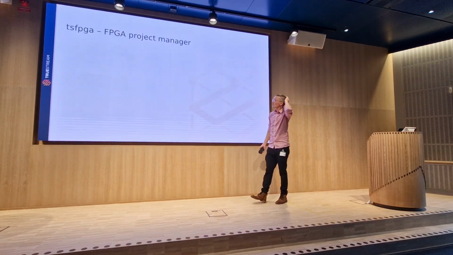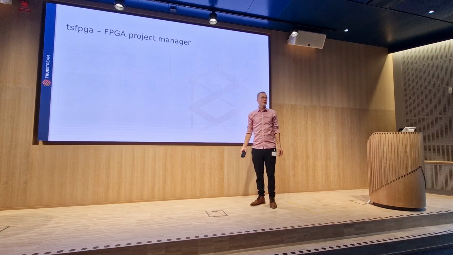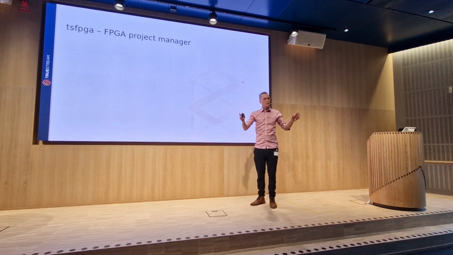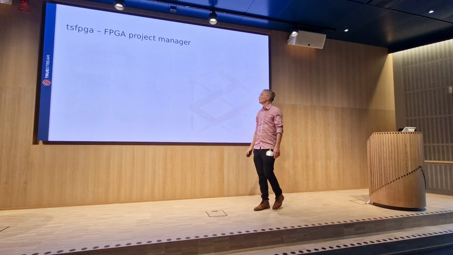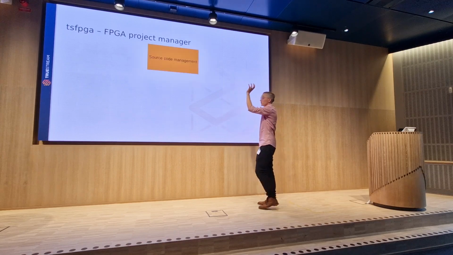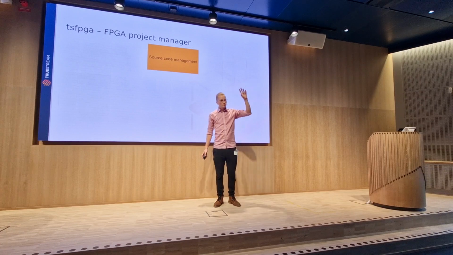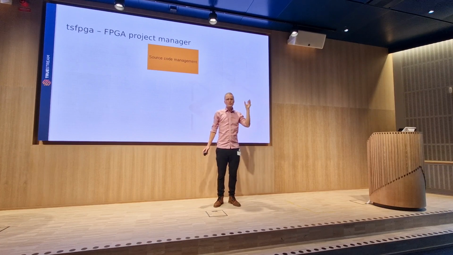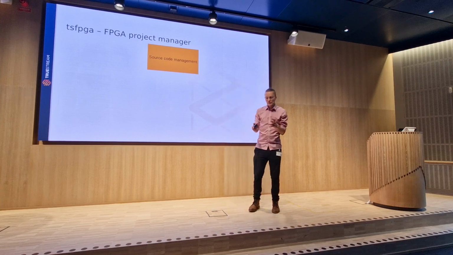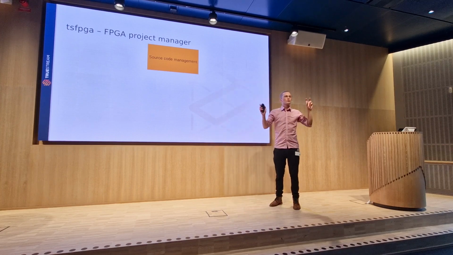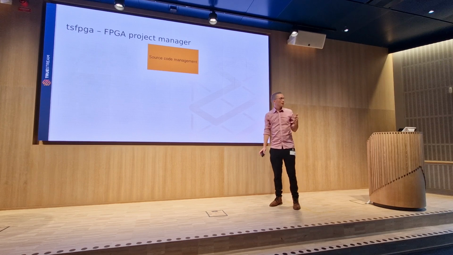So, TS FPGA is an FPGA project manager. For us, it handles simulation and handles our builds with the model. At the base is source code management. You follow a fixed file structure, put all your sources there, put your constraints there, and put a Python module file to define build projects and VUnit simulation.